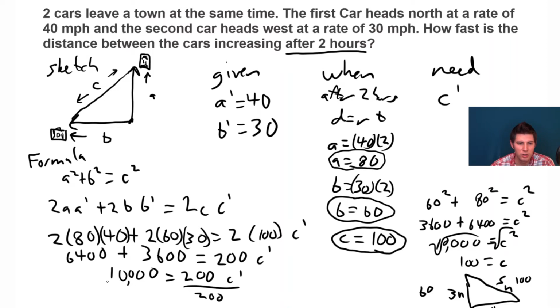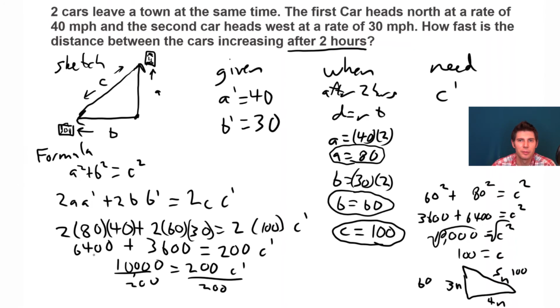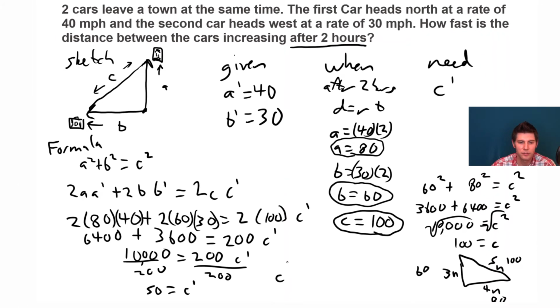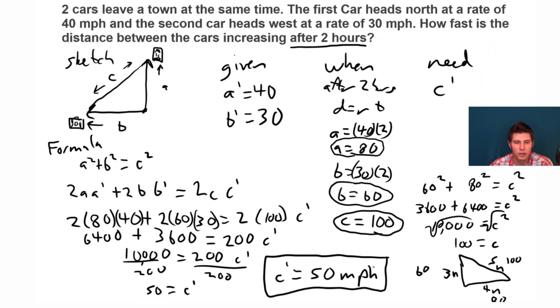Divide both sides by 200. And 10,000 divided by 200 is 50. So now our final answer is 50 miles per hour is how fast the two cars are getting apart from each other after 2 hours. And that's it. Looks nice. It's elegant, isn't it? I like the sketch with the cars.